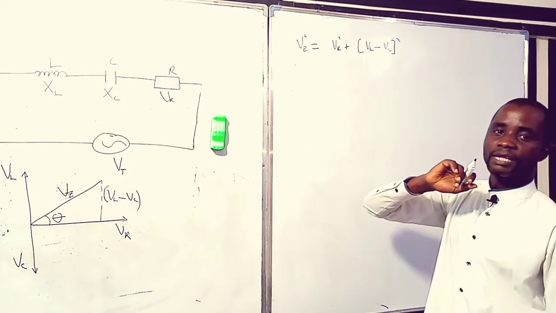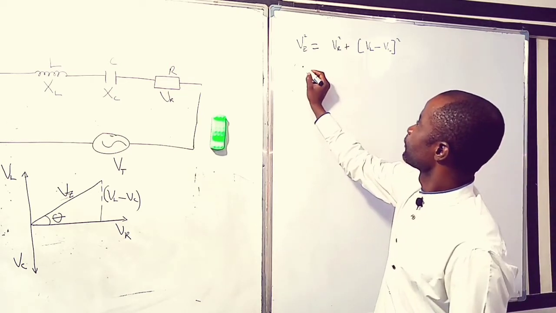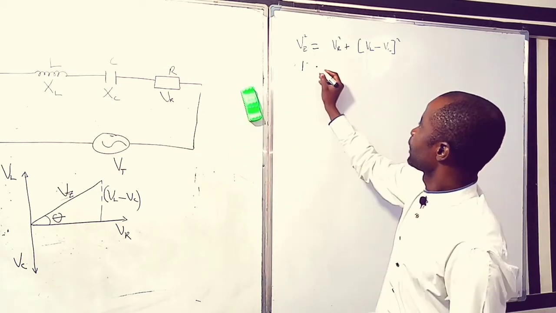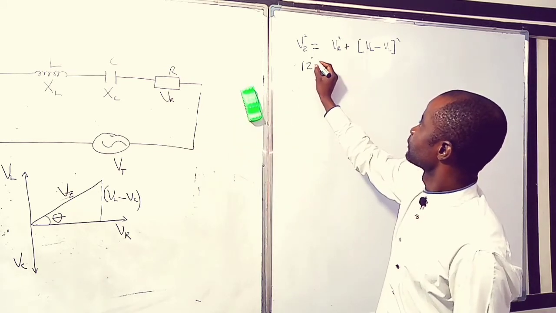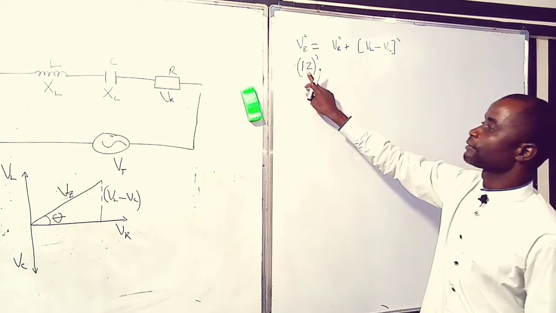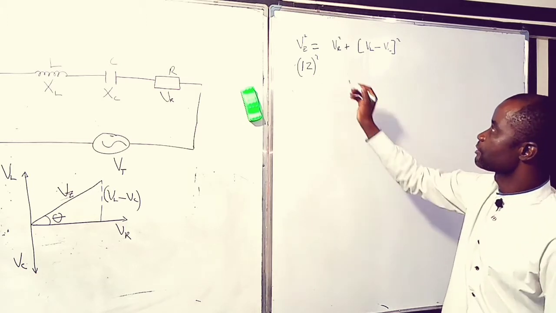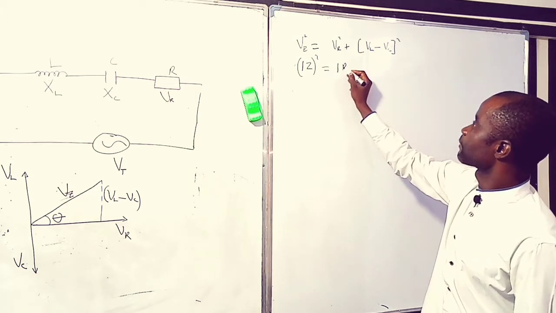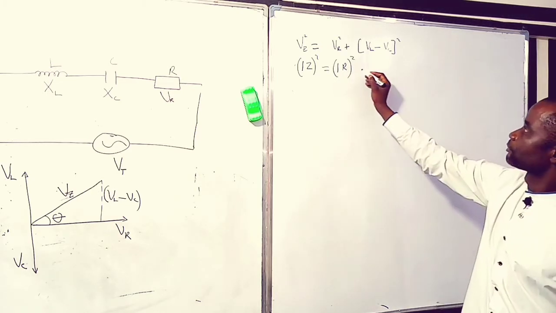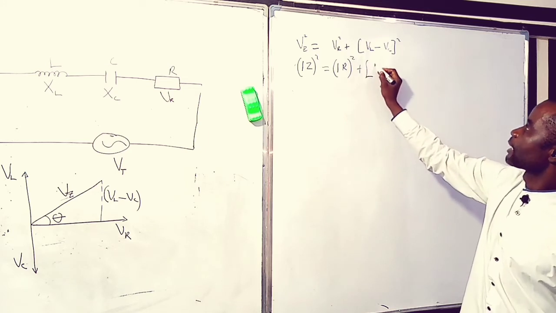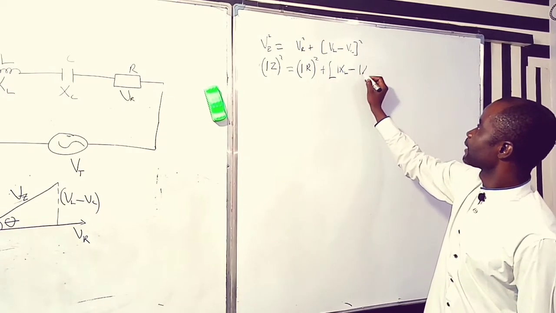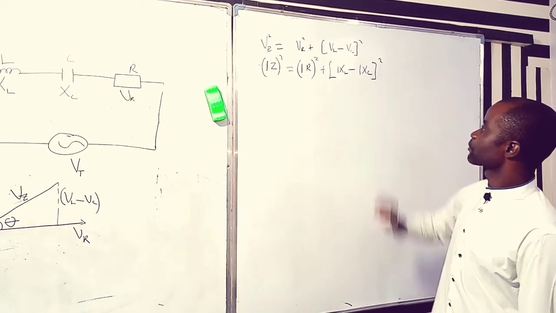But in terms of AC circuits, here IZ all square, where I is the current flowing in the circuit and Z is the effective reactance in the whole circuit, is equal to IR, that's the resistance in the resistor, plus IXL minus IXC square.